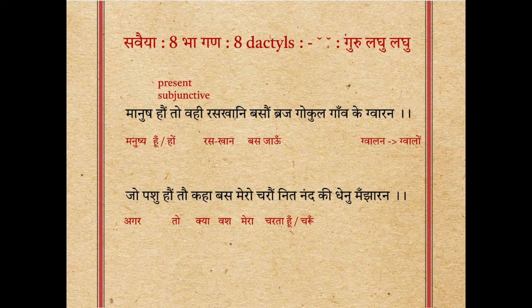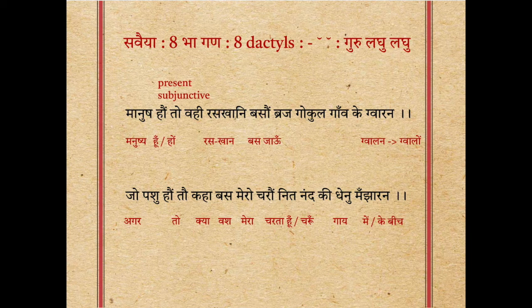Nanda is the name of Krishna's foster father. Ki dhenu. Dhenu, you'll know from the dictionary, is cow, gay, but not just any cow. It's a cow that has recently given birth and so is able to produce milk. Finally, manjharan. Manjharan is used adverbially here. It means ke beech, in between, among, or mein. And so taken together, the last line reads something like this.